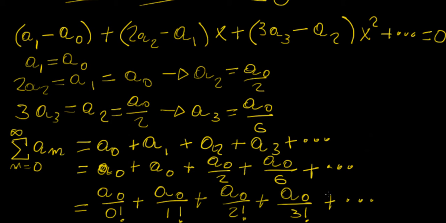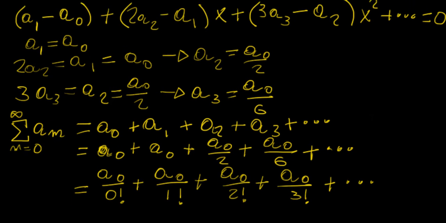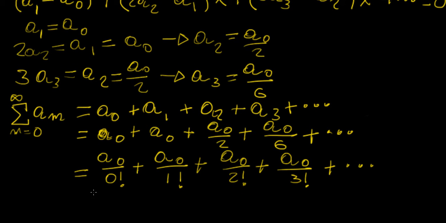So we can infer that all the other terms are going to follow the same pattern, so that this particular sum is going to be equal to a0, the leading term here, times the sum to infinity of m equals 0, and that's going to be 1 over m factorial.